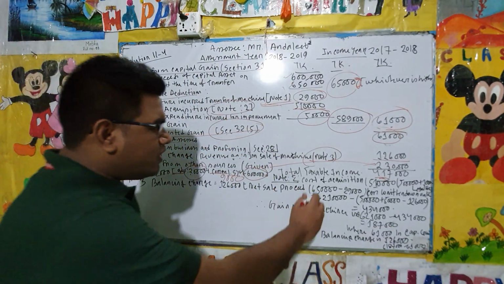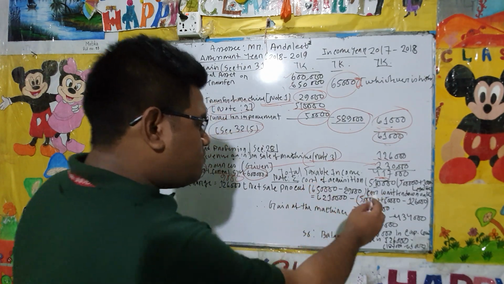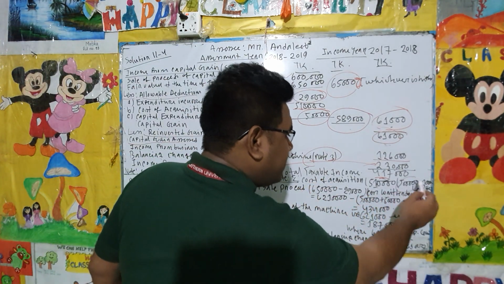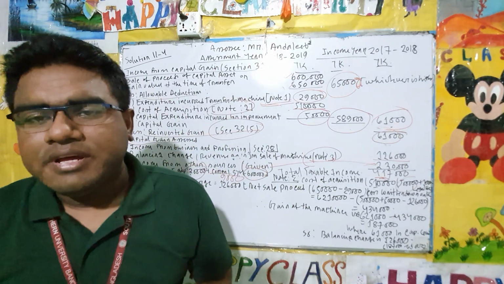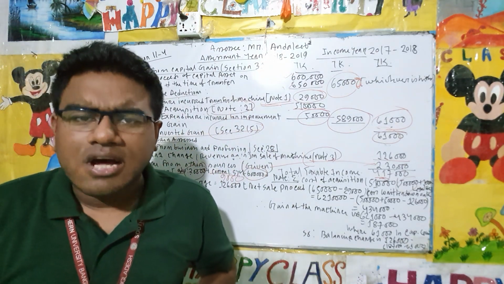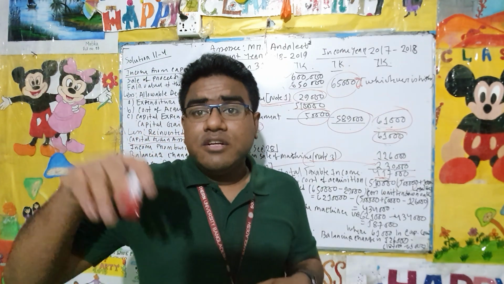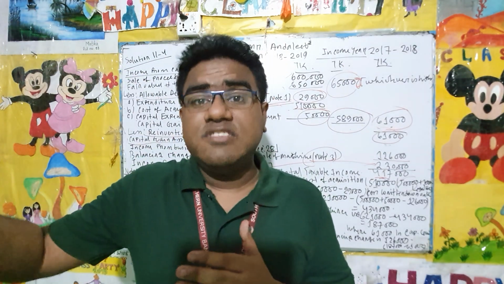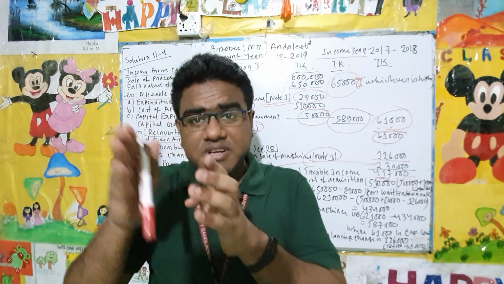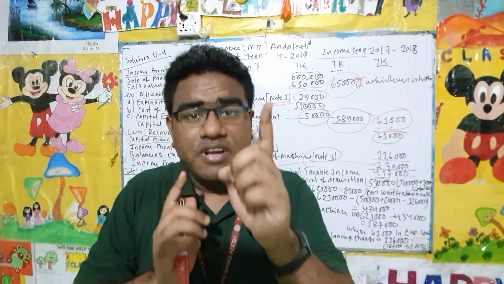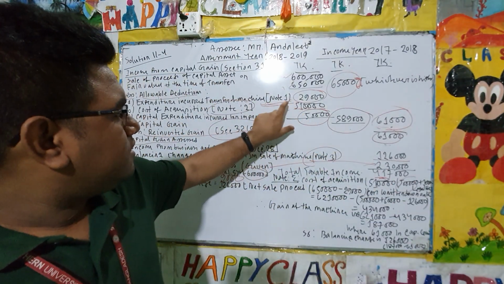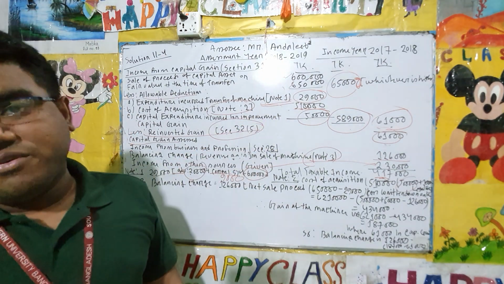So the price was how much? 5 lakhs, and 10,000 is legal fee as mentioned earlier. So 5 lakhs was the price of the asset and the processing legal fee was 10,000. So 5 lakhs plus 10,000 equals 5 lakh 10,000, which is the cost of acquisition of the machine.